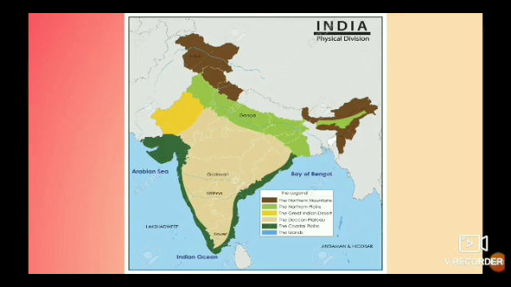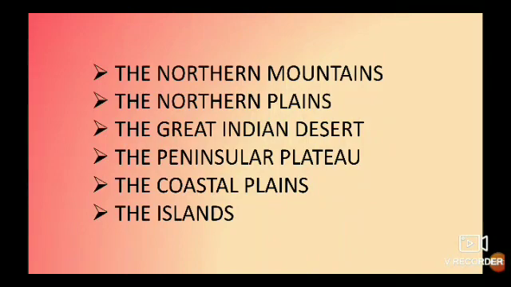So now here are the physical divisions or the physical features of India. So how India is divided into various features. So we know India is a unique country with different physical features. A mountain is presented. It also has the desert. India possesses the water body.